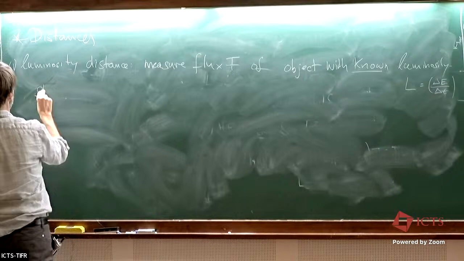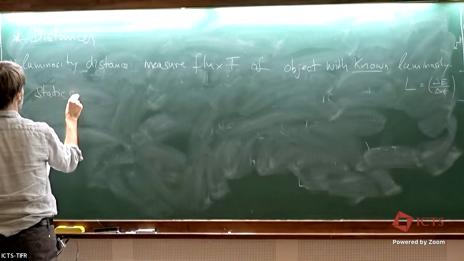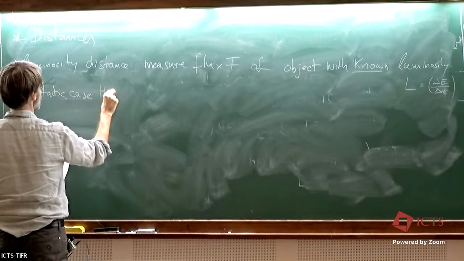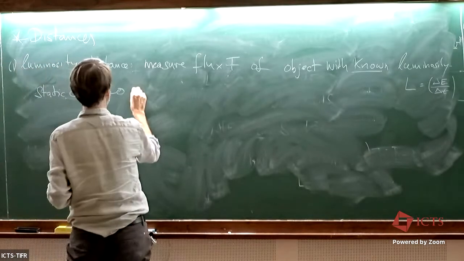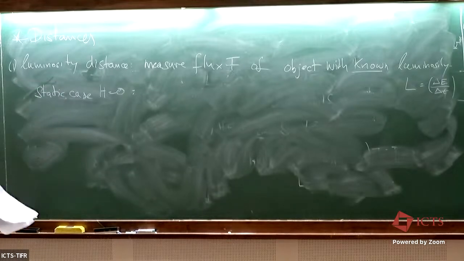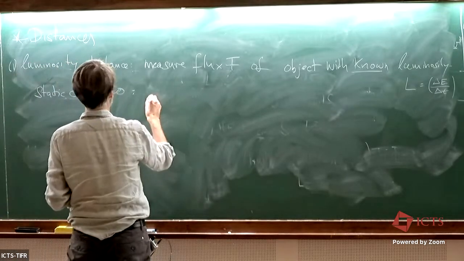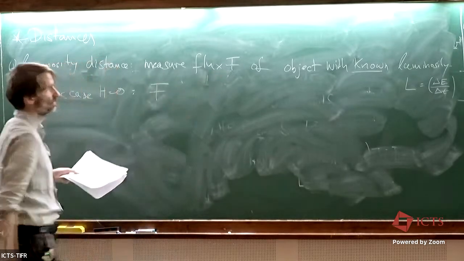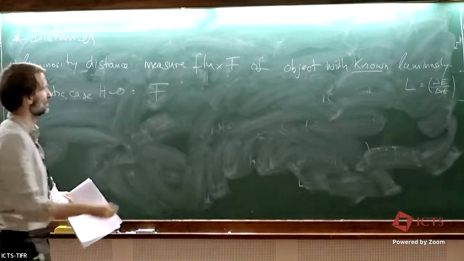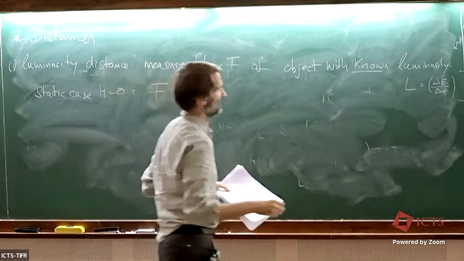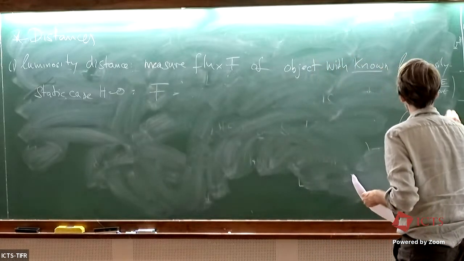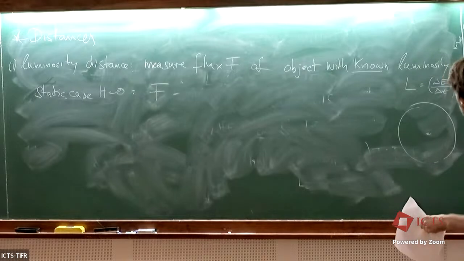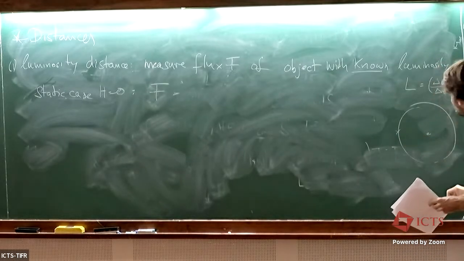So let's think about the static case first. So Hubble is 0. We are just in simple Euclidean geometry. We know how distances are measured, but let's do that example anyhow. Then we can relate that flux to the luminosity, and that's a simple exercise. You just say, okay, this is your source, and it propagates radially outwards, and we are sitting here.